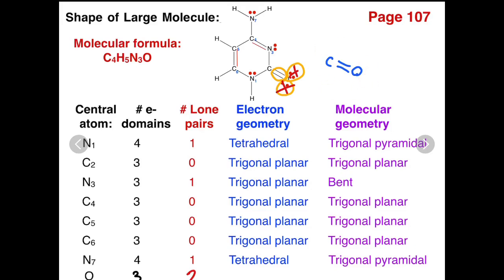That means in this case, because we have 3 electron domains, the electron domain geometry would be trigonal planar. But because we introduced 2 lone pairs, the shape of the molecule is going to look linear, because when you ignore the 2 lone pairs, it looks linear. So this one would be linear.